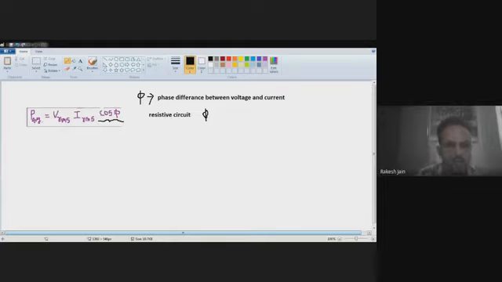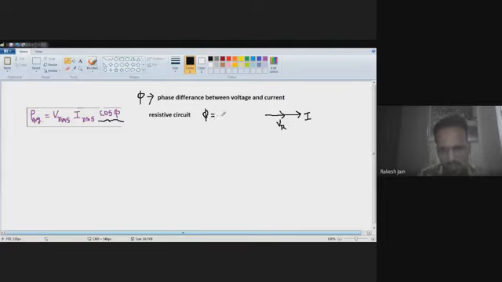Yes. So see this resistive circuit. In case of a resistive circuit, the voltage V and the current I are in the same phase. The current I and the voltage VR across the resistor are in the same phase. That's why phi is always zero.